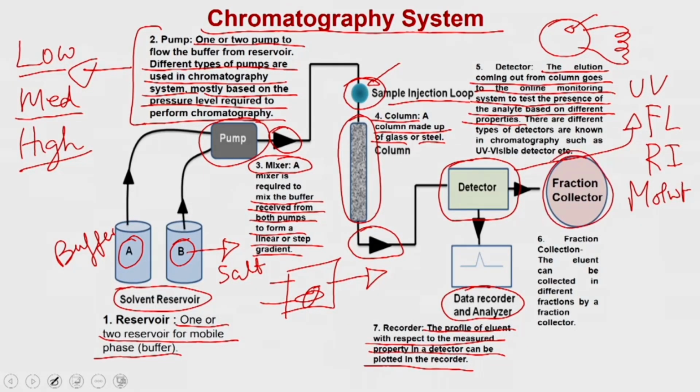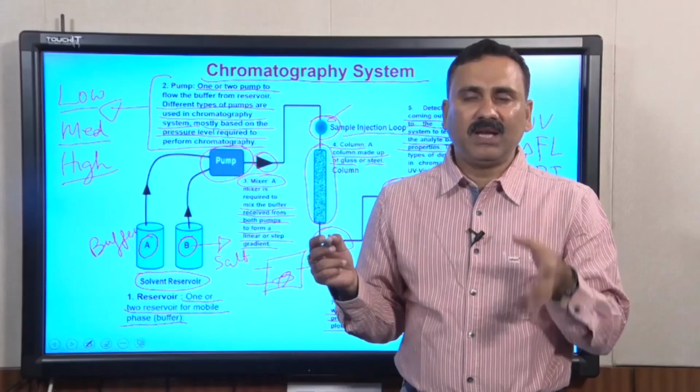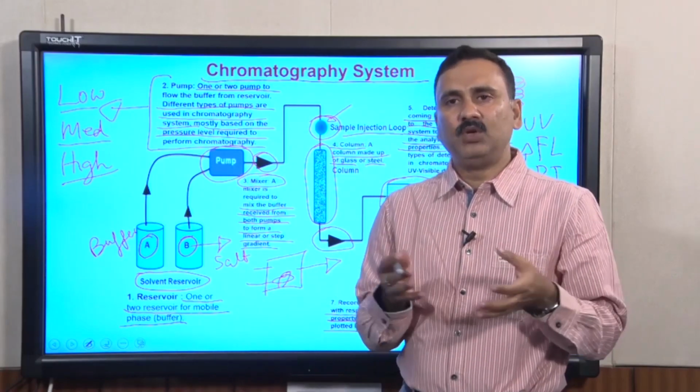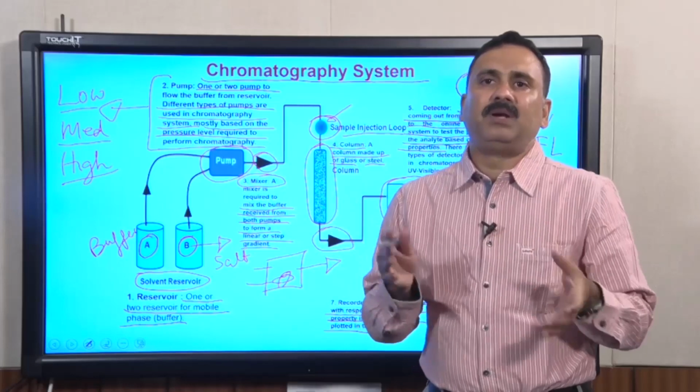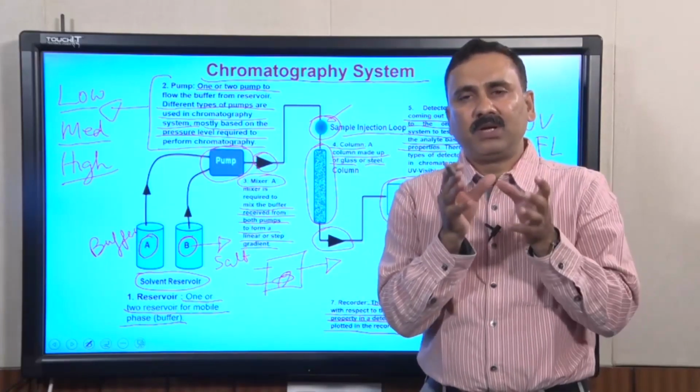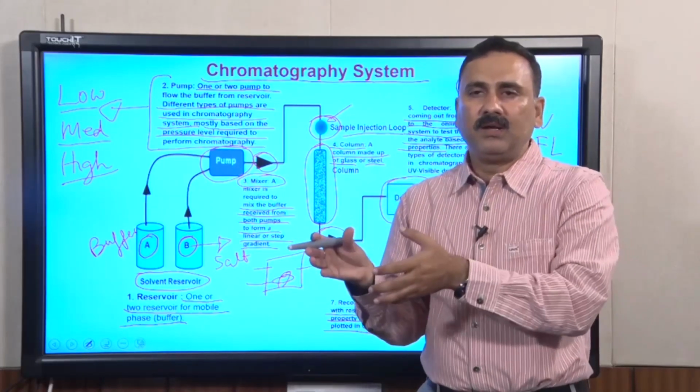As soon as you see some compound or product coming out, you can ask the machine to collect that particular fraction into the fraction collector. In the fraction collector, you have different glass tubes which allow you to collect that particular fraction or protein into separate tubes.